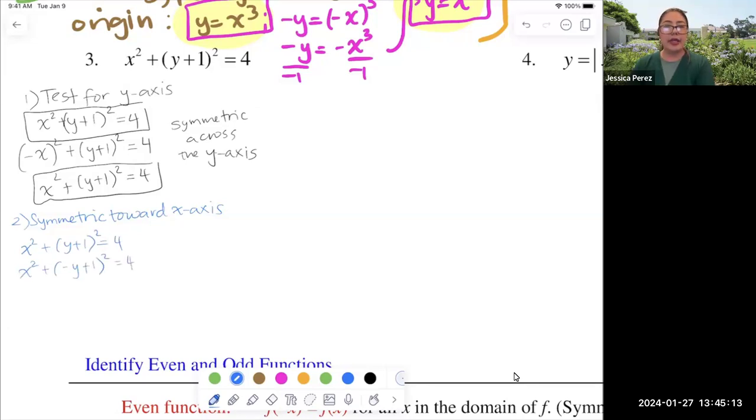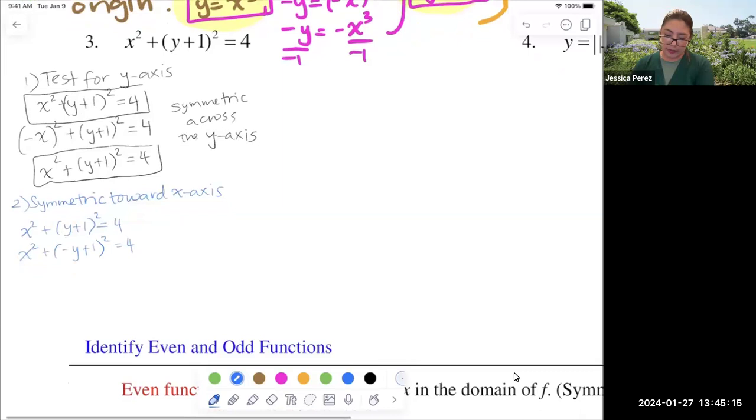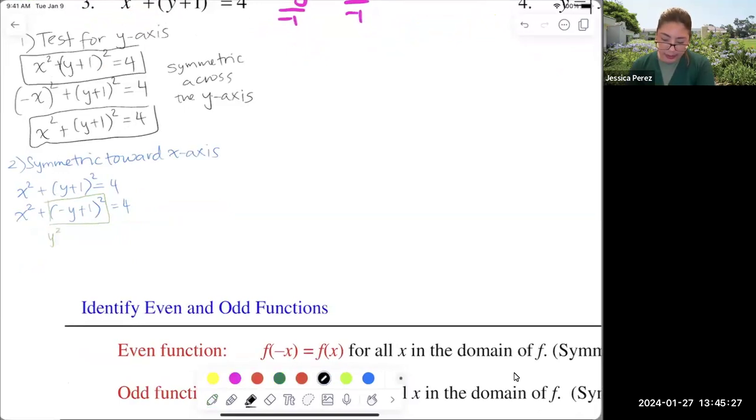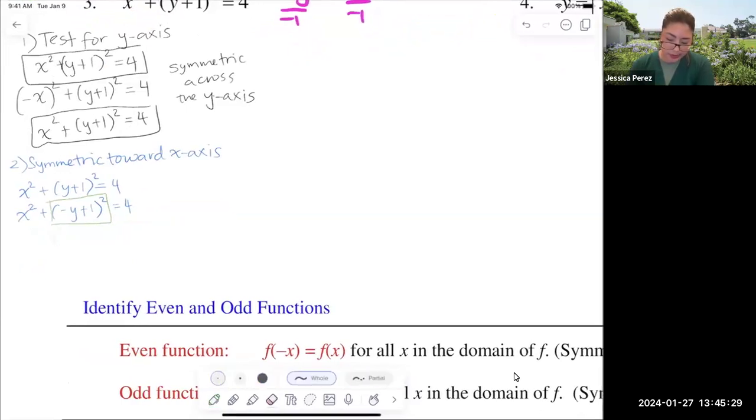And for that one, if we expand this piece, it's negative y plus 1 times negative y plus 1.